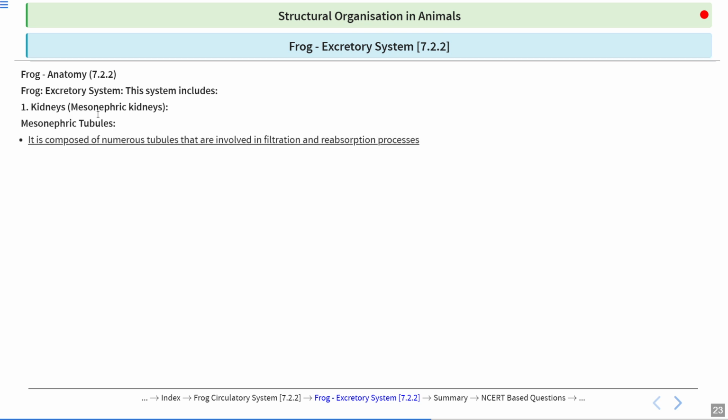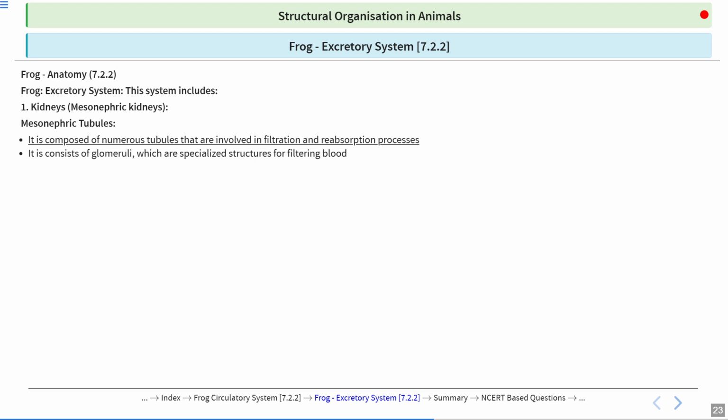Mesonephric tubule. Inside the kidney, there are tubule-like structures called mesonephric tubules. It is composed of numerous tubules that are involved in the filtration and reabsorption process. It consists of glomeruli, which are specialized structures for filtering blood.